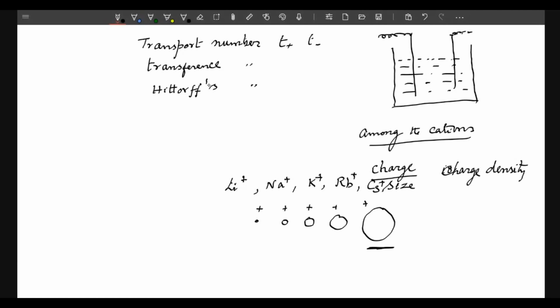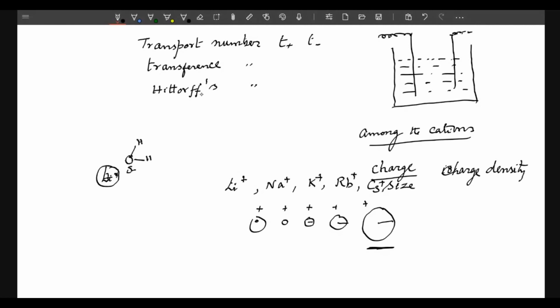Therefore, the charge density in the case of the cesium ion is very small: one charge divided by its large radius. And the charge density over the lithium ion is very large. Whenever the charge density is large, as in the lithium ion, the surrounding water molecules, the solvent molecules, having a negative charge, are attracted to the positive charge.